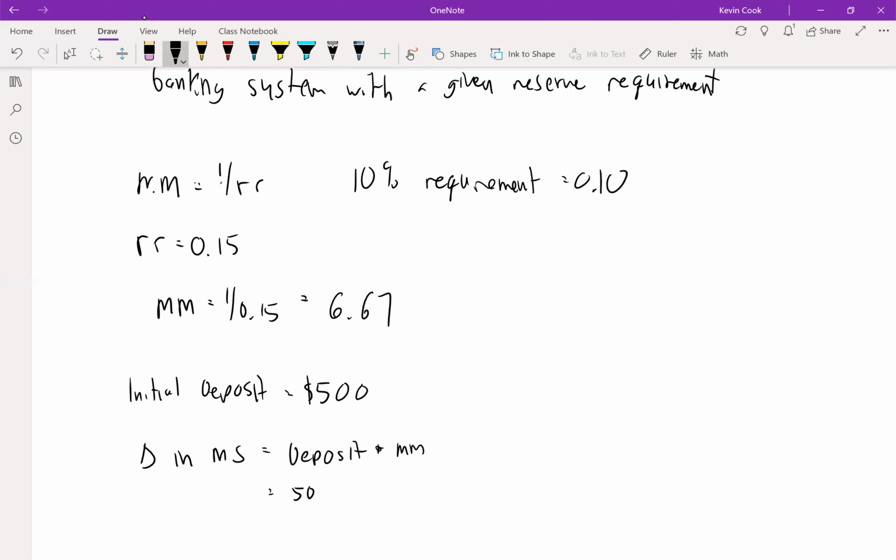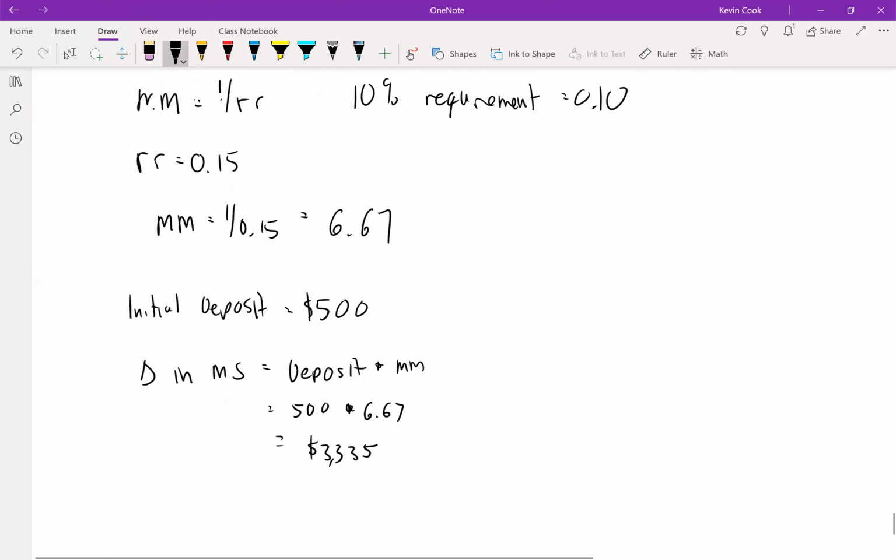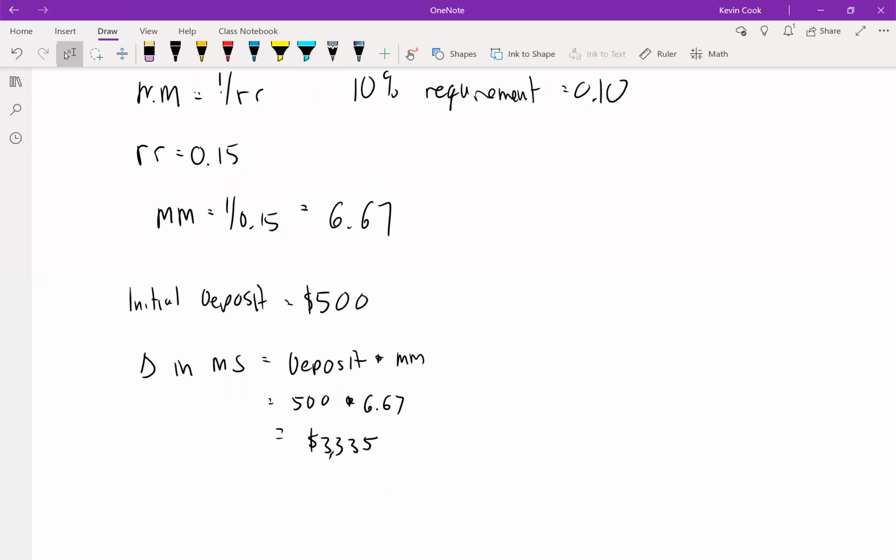So we take that 500, multiply it by 6.67, and this gives us about $3,335. So that's how we go about that kind of problem if you see it, and you see how much money is created by the system.